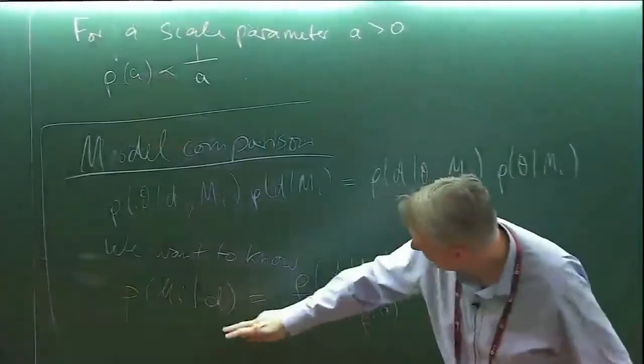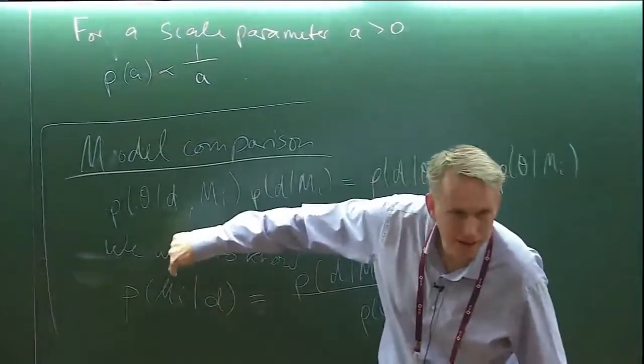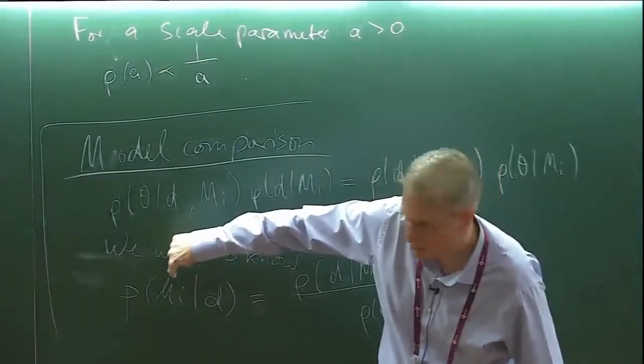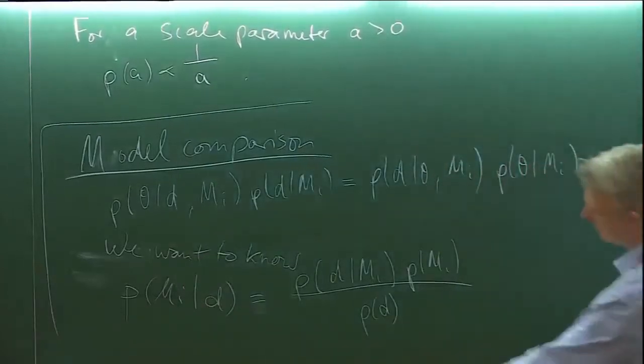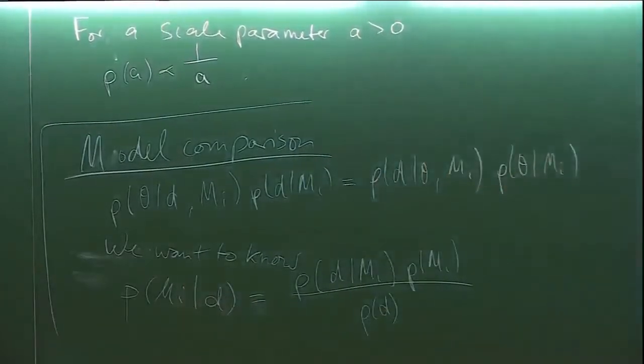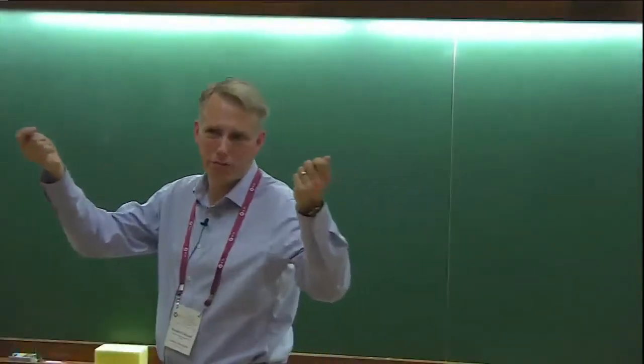This conditional probability has to sum to 1 if I integrate or sum over this first index, over these models. So in other words, if I have two models, I can just do this problem by taking the relative probability of the two models, because they have to sum to 1, and then I have the two probabilities.